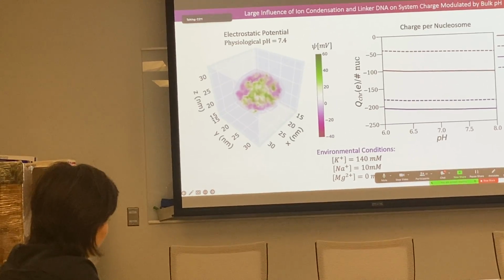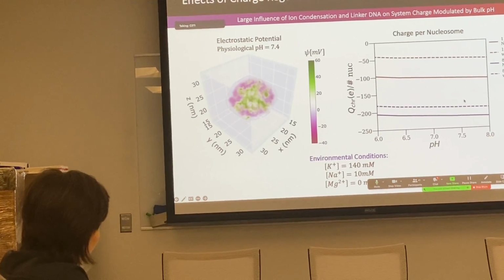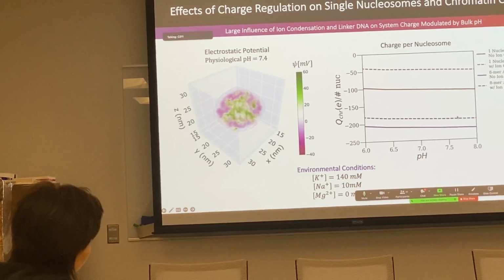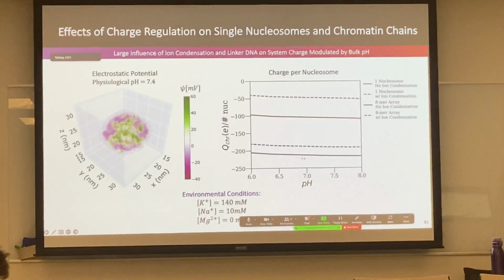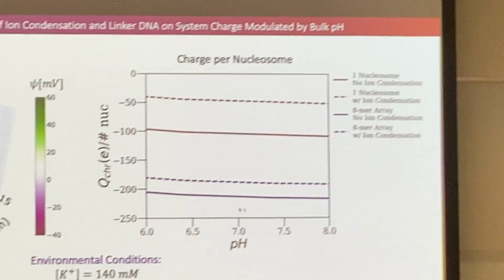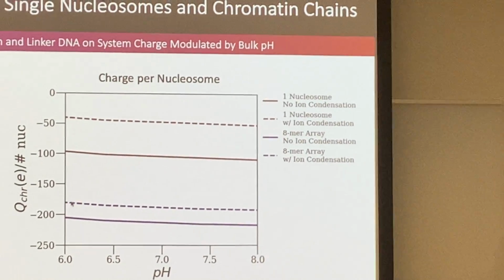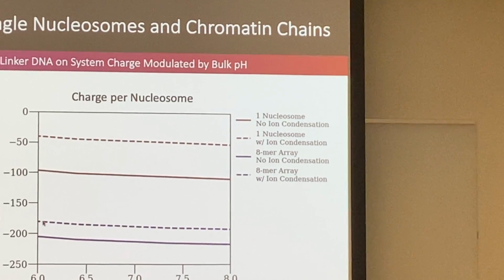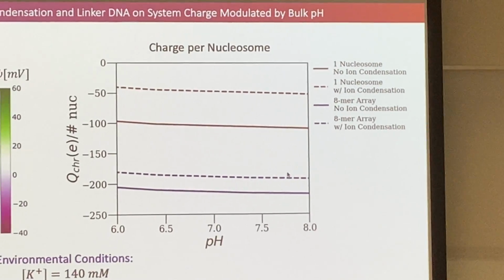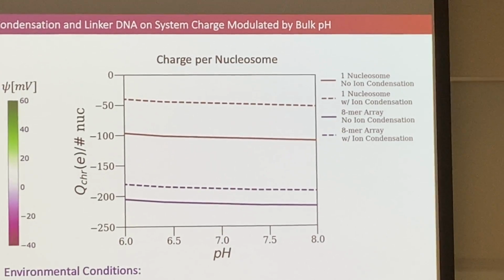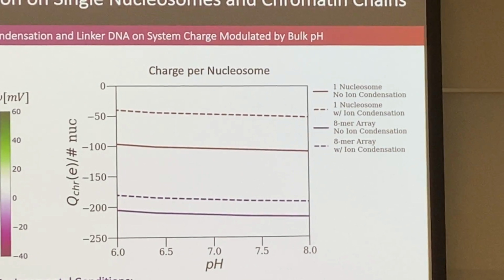And another interesting aspect is that we performed calculations where we didn't account for ion condensation, which you can see by the solid line, and then we performed calculations where we did account for ion condensation of physiological monovalent cations, and you can see that the ion condensation has a very large charge neutralization effect on our system.